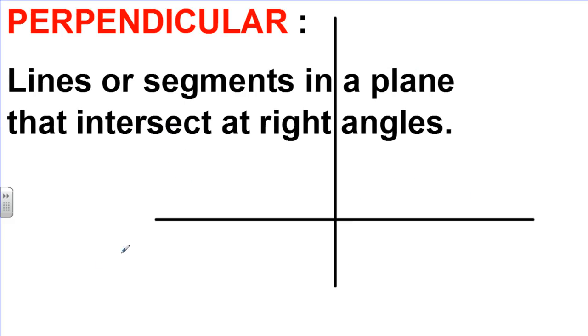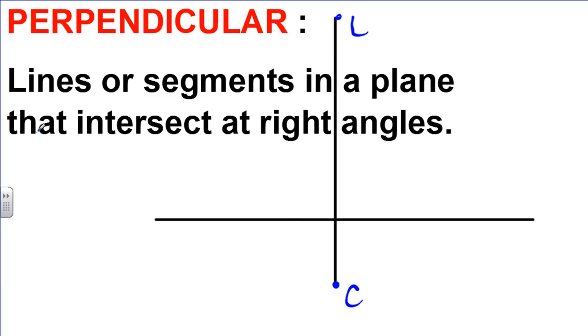Slightly different from parallel is this word called perpendicular. You might know what this word means. Perpendicular lines or segments, in a plane, intersect precisely at right angles. Precisely at right angles. So let's actually use a couple segments here. I'll call this LC.